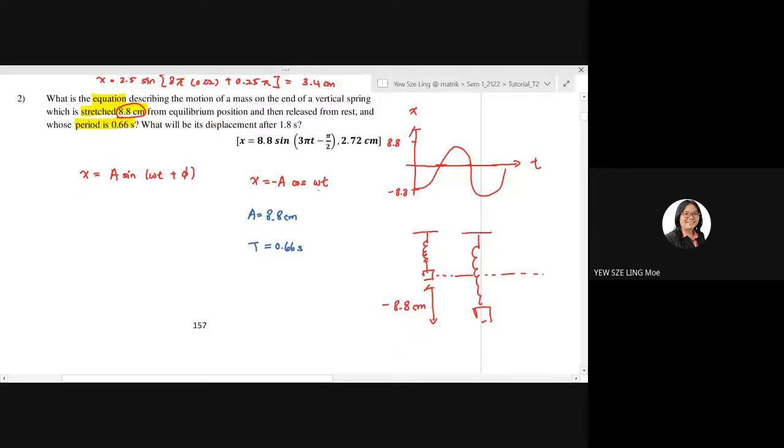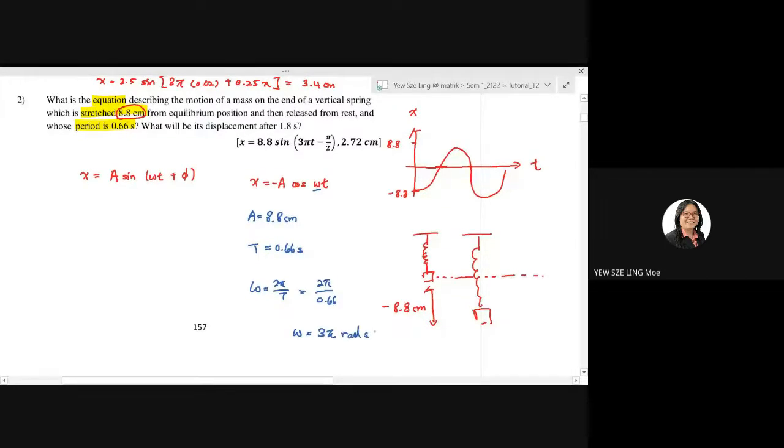But in order to form an equation, you need omega. We know omega equals 2 pi over T, which equals 2 pi over 0.66. So omega is actually equal to 3 pi radian per second.